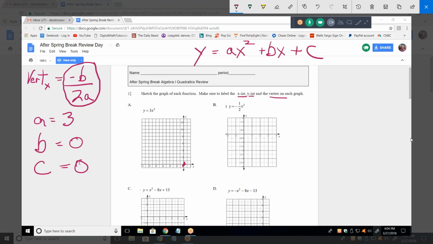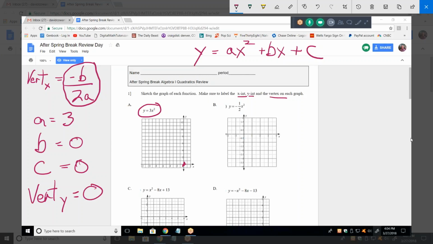So the x-coordinate of our vertex is 0. What's the y-coordinate? The y-coordinate is 0. You take the x-coordinate and you plug it in and figure out what y equals. Well, the y-coordinate is also 0.